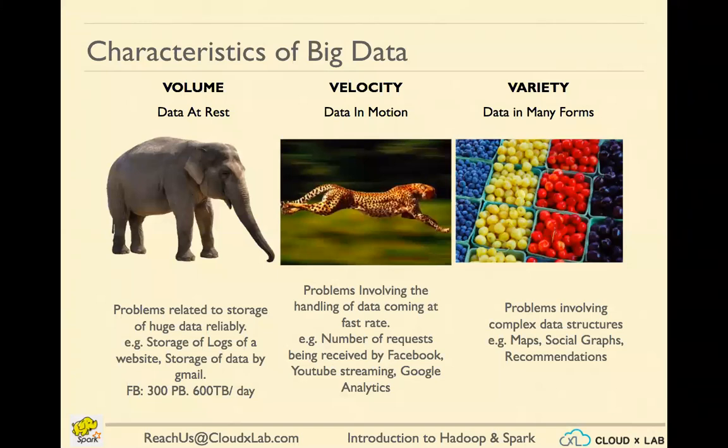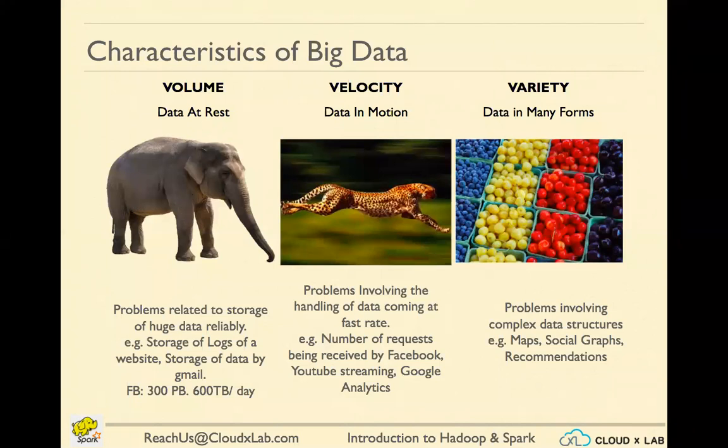Volume is the data at rest, meaning the problems associated with storing the data. When you have huge data, such as the logs of a website, or imagine you're running Gmail and you have lots of data, where do you store it? A typical storage of one computer would be at most let's say 2 to 4 terabytes, or maybe up to 8 terabytes, but nothing beyond it. It becomes impossible to store 100 terabytes of data per day using individual computers.